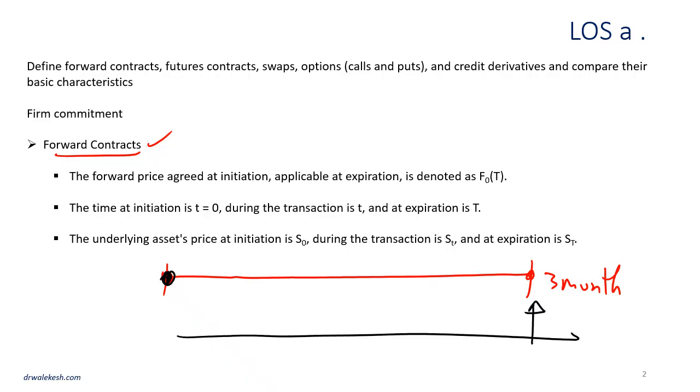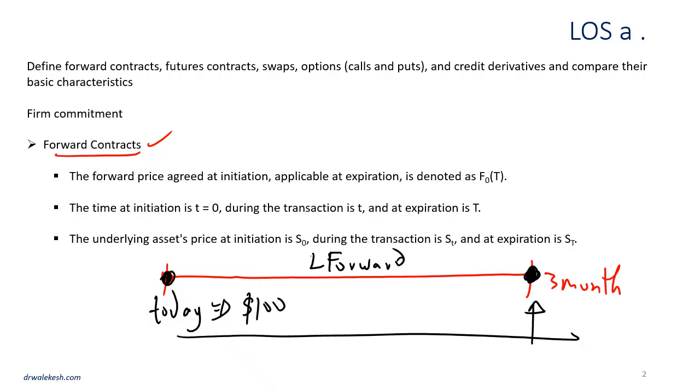I locked in that price today. Let's imagine I locked in a price of $100 that will apply in 3 months' time from now. Because I intend to buy in 3 months' time from now, that means I am the long forward. The counterparty that would sell to me in 3 months' time from now will be the short forward.